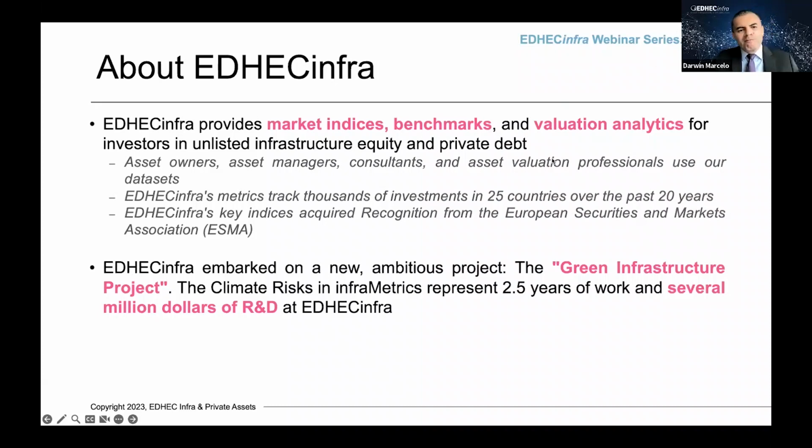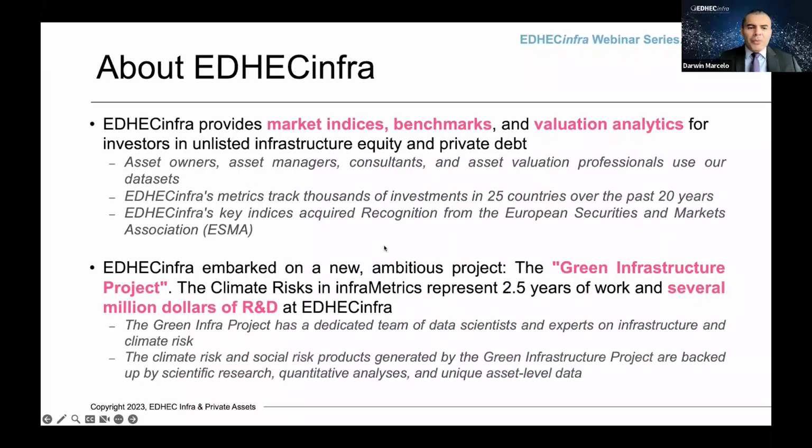EDUC Infra a few years back embarked in a new and very ambitious project. We call it the Green Infrastructure Project. The climate risk in Inframetrics represents the results of these years of work and several $1 million invested in research and development at EDUC Infra.